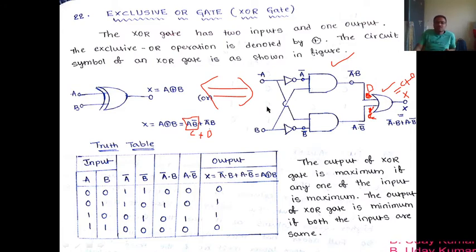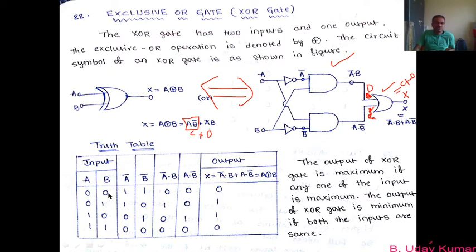So now the possible values of the potential that can be applied to both A and B are given by 4 configurations. They are 0 0, 0 1, 1 0 and 1 1.